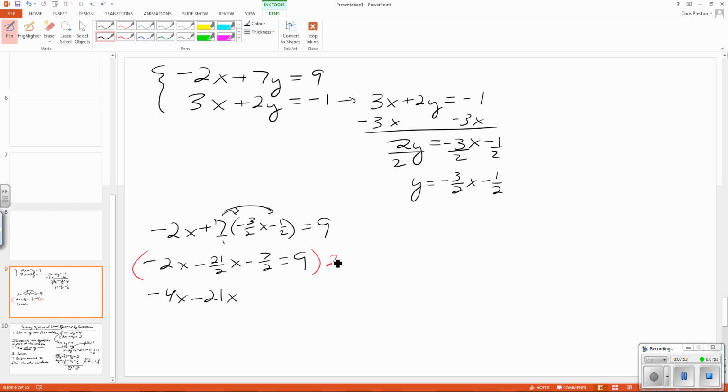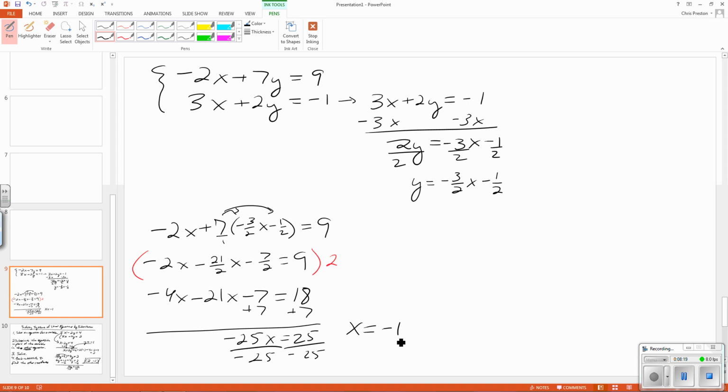Negative 7/2 times 2, again the 2's cancel out, you get negative 7, equals 9 times 2, which is 18. And then I'll add 7. Combine like terms: negative 4x, negative 21x, so negative 25x equals 18 plus 7, which is 25. Divide by negative 25, and you get x equals negative 1.